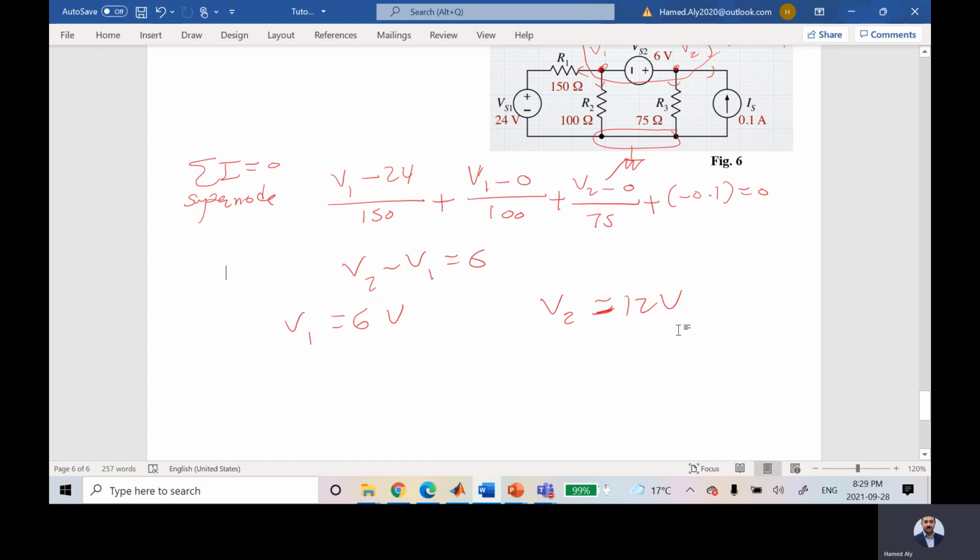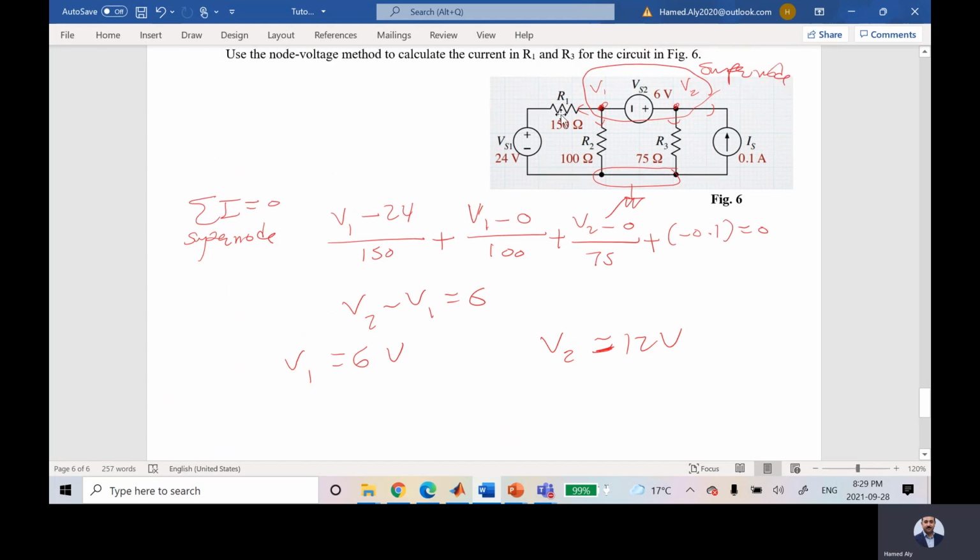Once you calculate V1 and V2, you can find the current in R1. So the direction of the current in R1 is from left to right or from right to left? Yes, because this guy has higher voltage than this guy. So this is the direction for the current I1. I can say I1 is equal to 24 minus V1 divided by 150.